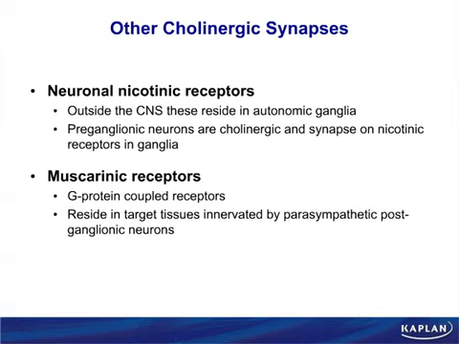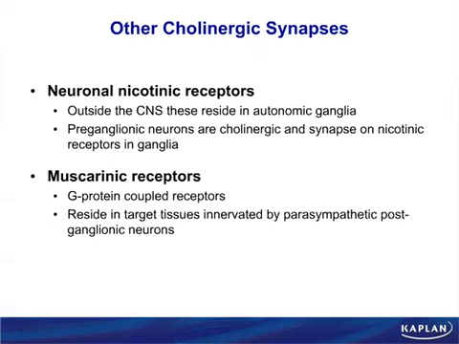Preganglionic neurons are cholinergic and synapse on nicotinic receptors in the ganglion. And again, this is both parasympathetic and sympathetic. Both branches of the autonomic, the preganglionic neuron is cholinergic and the synapse is a nicotinic neuronal.